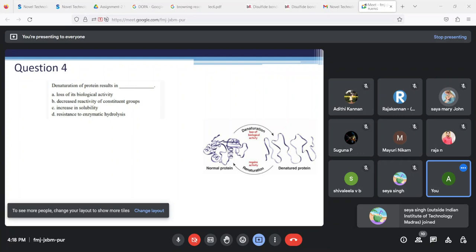Since hydrophobic residues do not prefer to remain exposed to the solvent, they start interacting with other denatured proteins, causing aggregation and hence decreasing solubility. And what about resistance to enzymatic hydrolysis? Why is there no resistance to enzymatic hydrolysis?